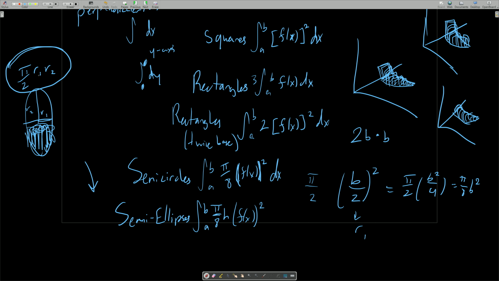So b over 2, or f(x) over 2, is your R1. R2 is given in the problem. Alright, that's a much better way to think about it. Yeah, I'll leave it at that.